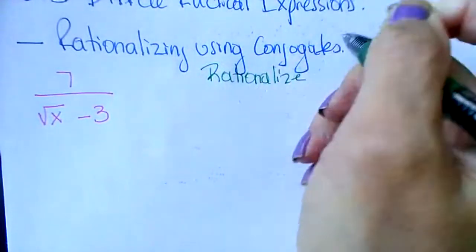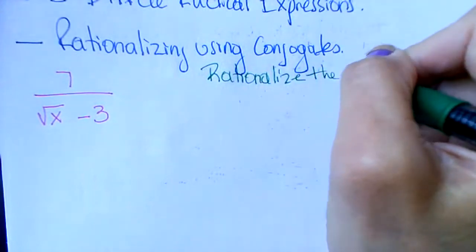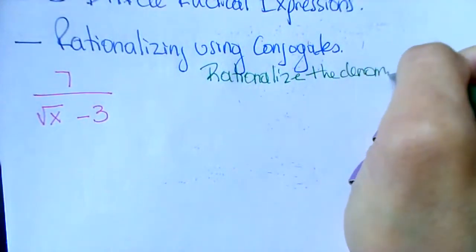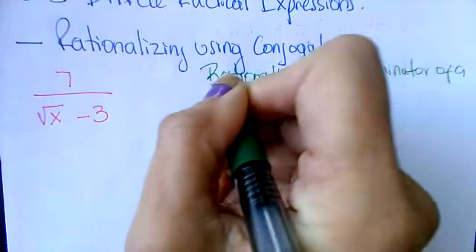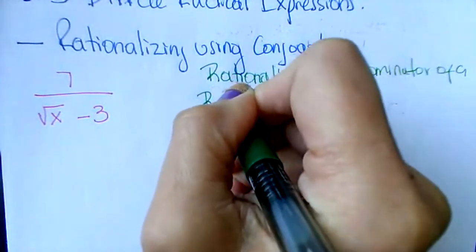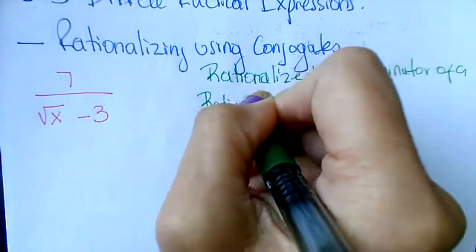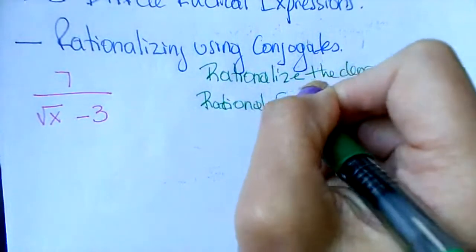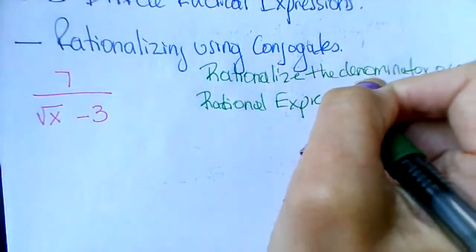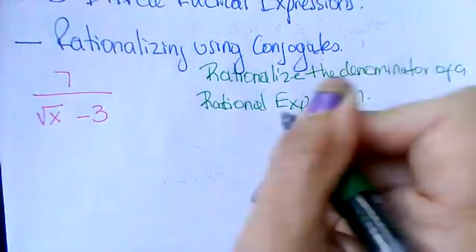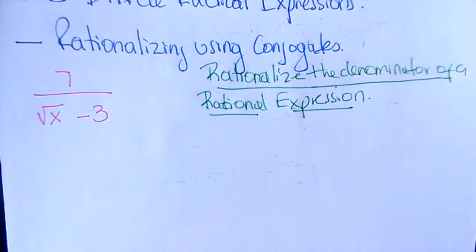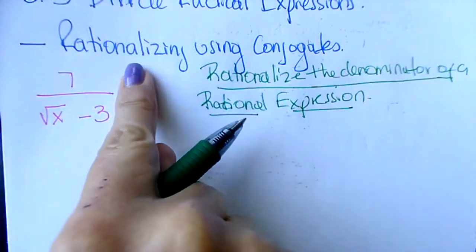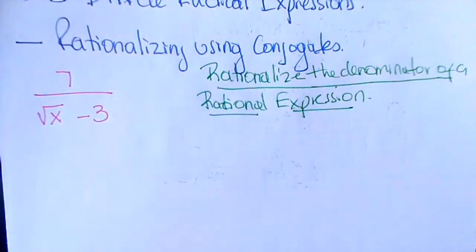So we're going to rationalize the denominator of a rational expression, and we're going to do it using conjugates.